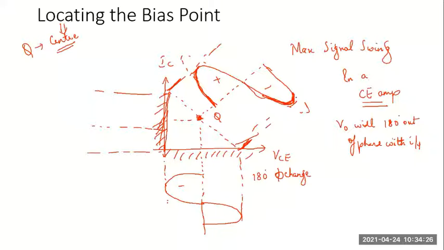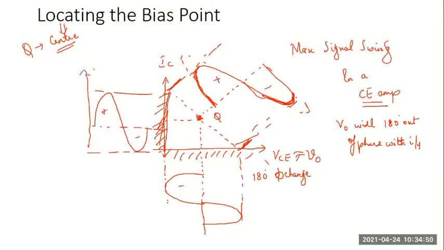Okay, please remember this. Whereas if I talk in terms of the output current, it will be in phase. Here positive half cycle will be represented with positive, negative half cycle with negative. So only in terms of the output voltage, VCE is similar to V0, output voltage.